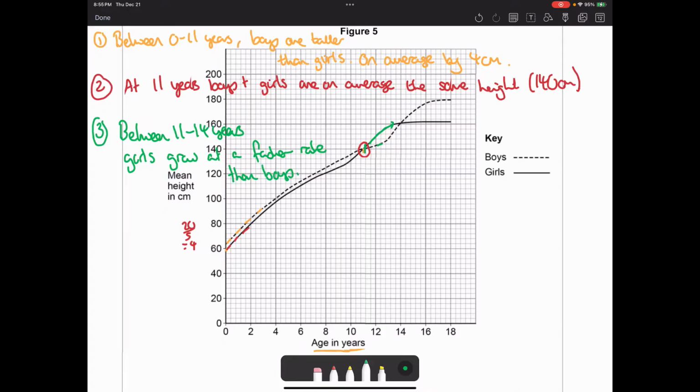Okay, so their rate of growth goes faster. They then cross over again at 14 years.